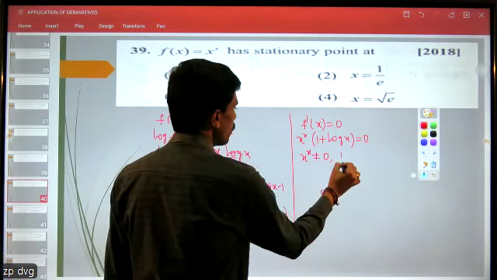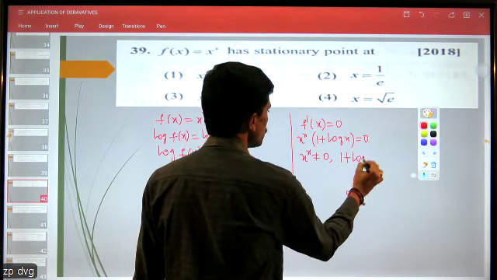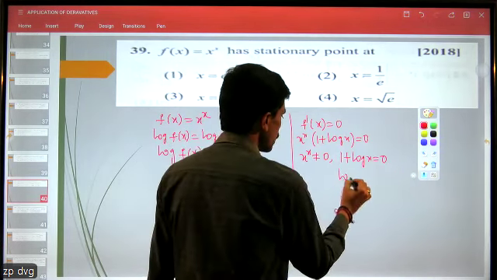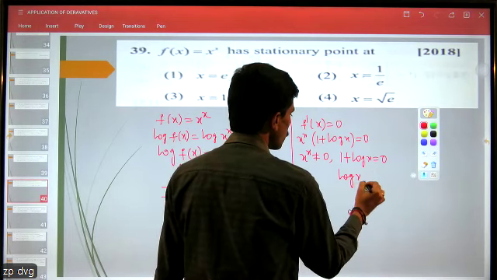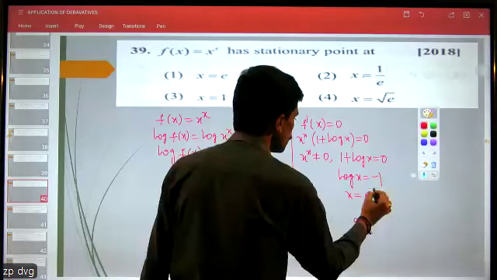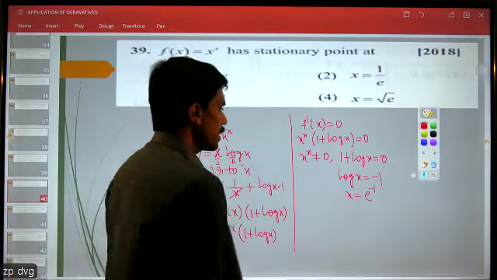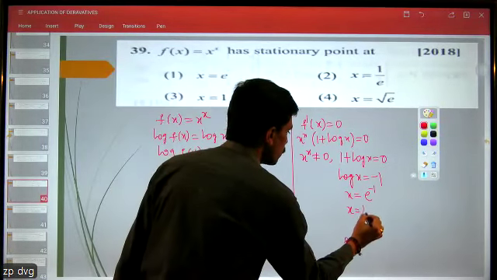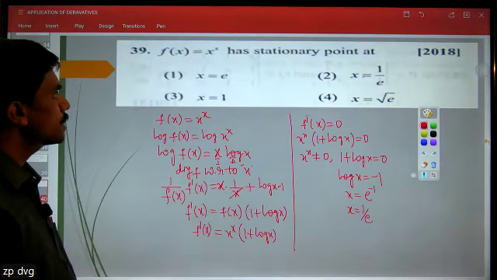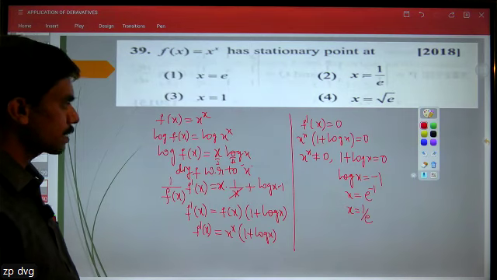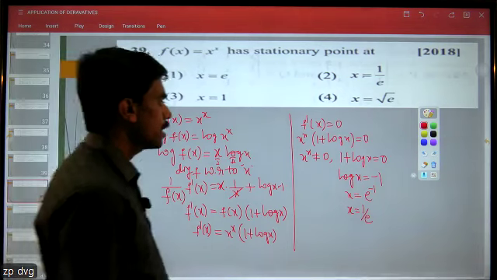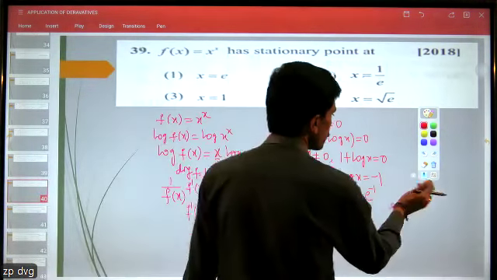That's why we have to take 1 plus log x is equal to 0, then log x equal to minus 1. So x equal to e power minus 1. So finally we get x equal to 1 by e. So the answer is 1 by e. The correct answer is option 2, that is x is equal to 1 by e. Stationary point at x is equal to 1 by e.